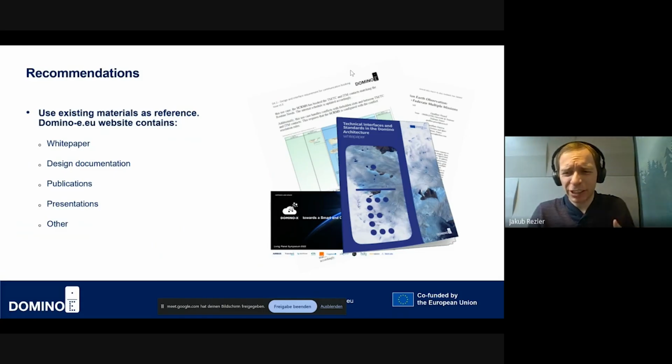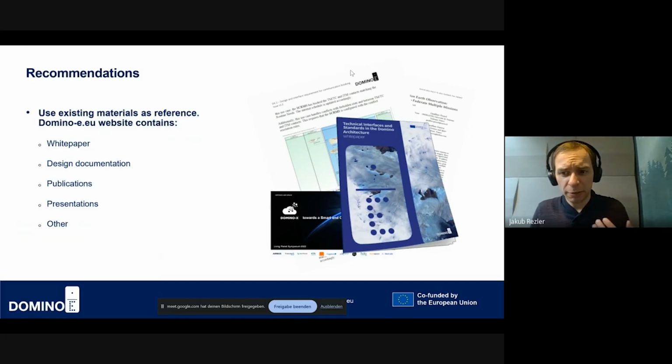Most of that communication was necessary for simply sharing of knowledge, of gaining knowledge, of generating new knowledge when we had certain design decisions to make. And most of that knowledge is essentially written down. There are plenty of reference materials available on the website of Domino-E.eu. There's of course the white paper, there are the design documentations, there are applications, presentations.